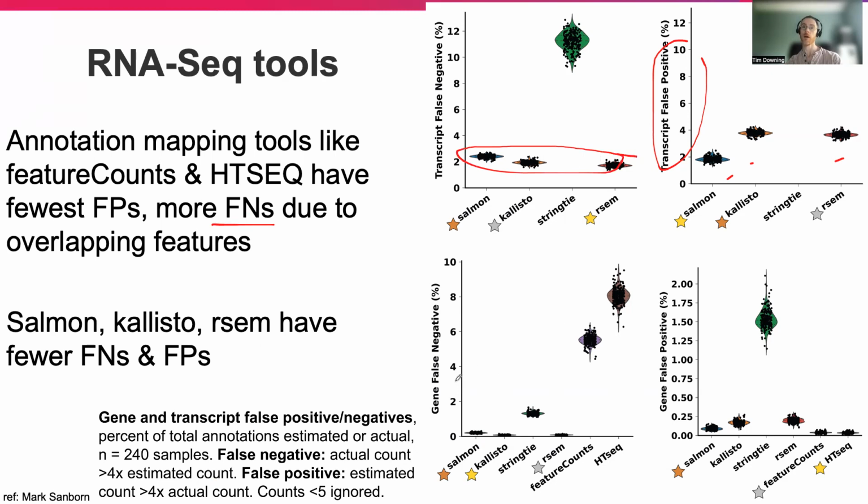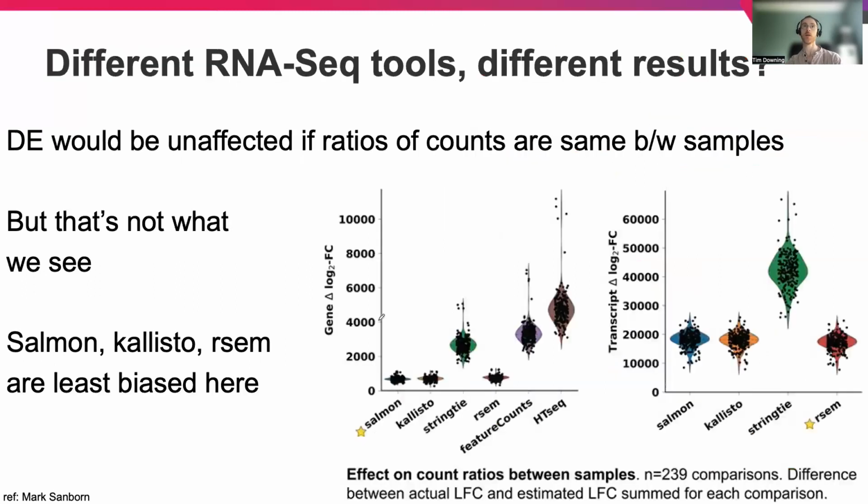And then if we look at gene false negatives going to transcript false negatives, you see these are lower, whereas these are higher for the false negatives. For the gene false positives, HTSeq and featureCounts are lower in that instance, but Salmon, Kallisto, and RSEM are consistently lower across all the different factors that are of interest here. So you can see there are quite different results from different tools.